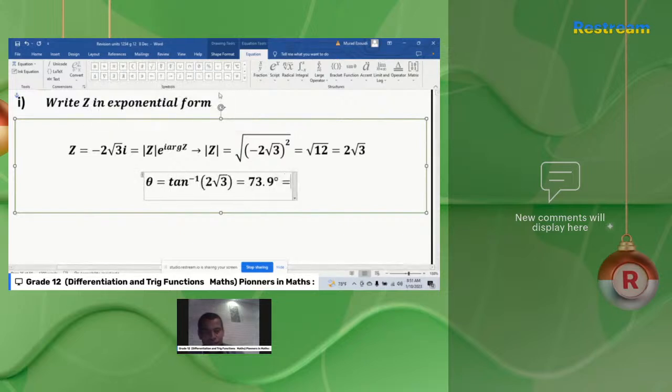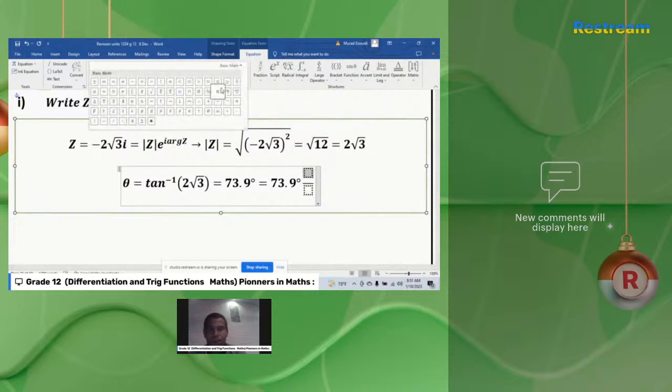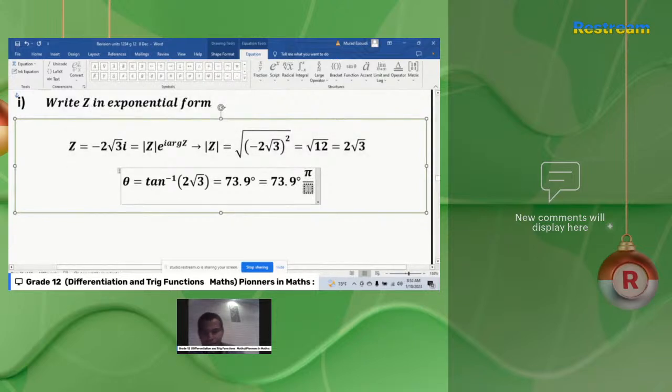If you want to change this to radians, it's clear. You are going to write 73.9 approximately, multiplied by pi over 180, 180 degrees of course.